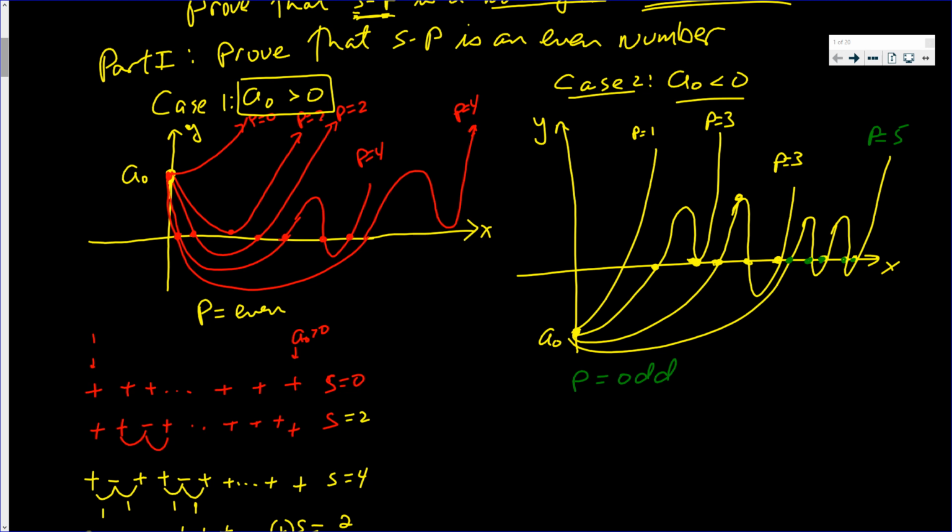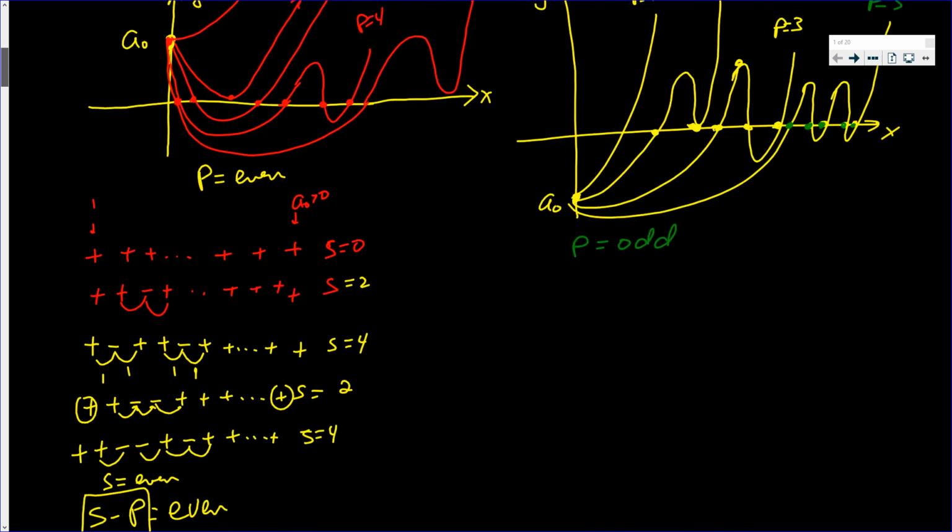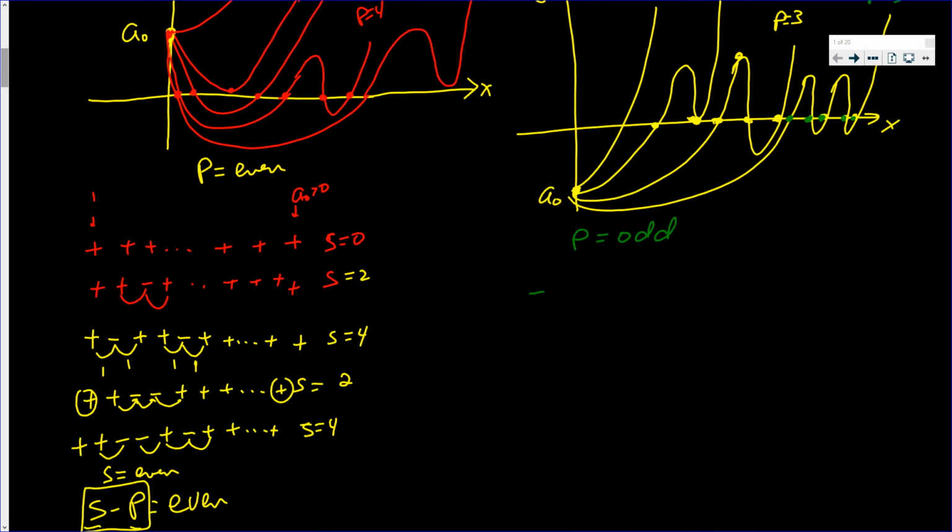Now, a sub 0, the last coefficient, is negative, and the first coefficient being 1 is positive. So you're going to have a positive and then a negative. If they're all positive in the middle, you're only going to have one sign change.